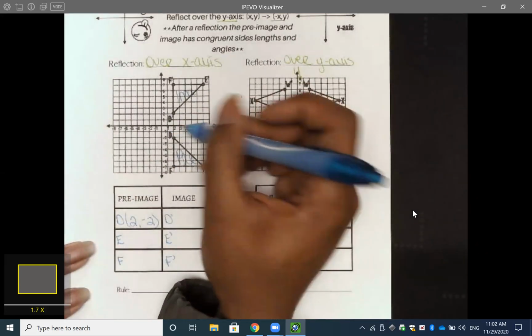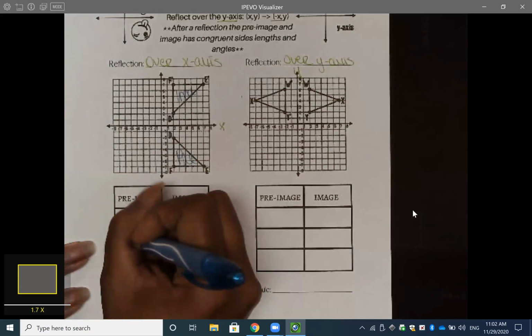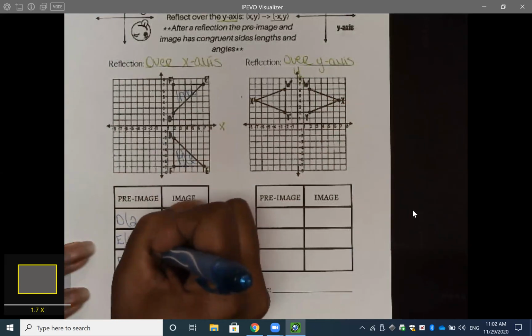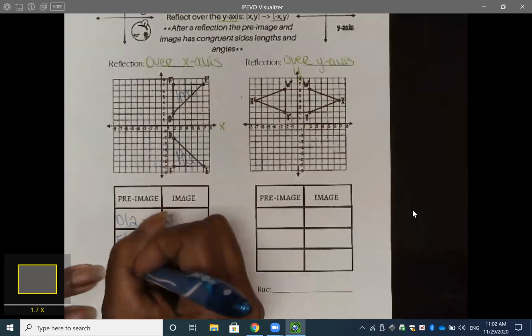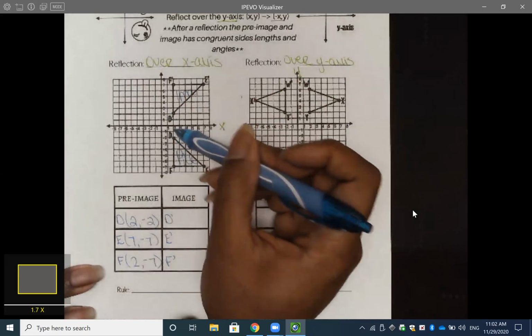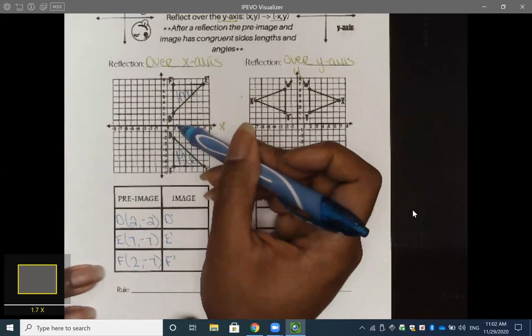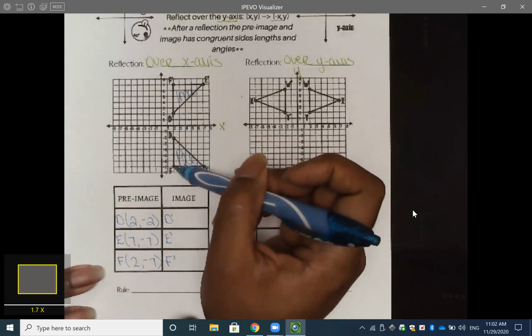For E, we went over to 7 and down to -7. And for F, we went to 2 and down to -7. And you can see these just by following what did you go over to, what did you go down to, over to, down to, over to, down to.